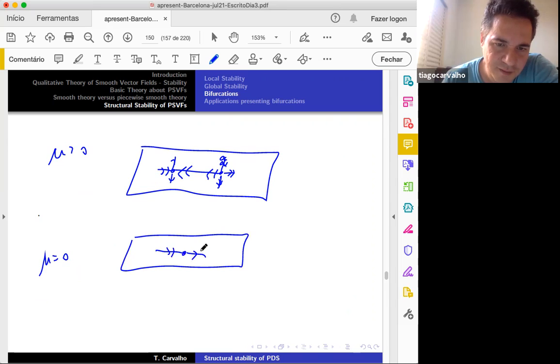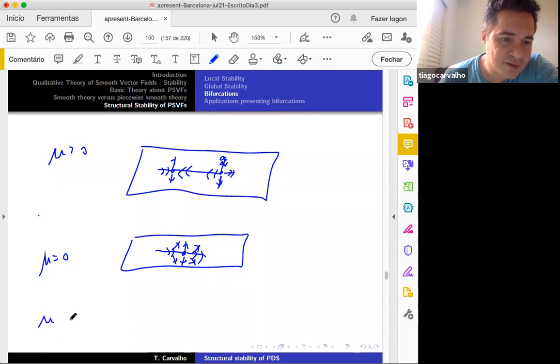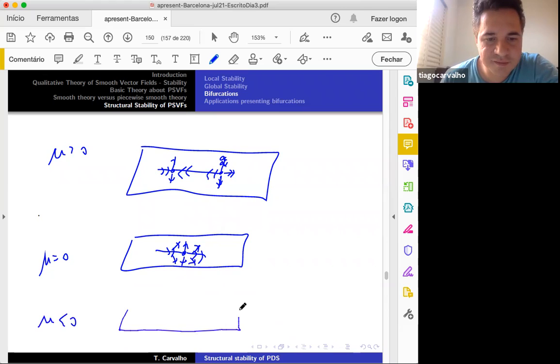Just like a saddle-node point. And for mu negative, this equilibrium does not exist anymore.